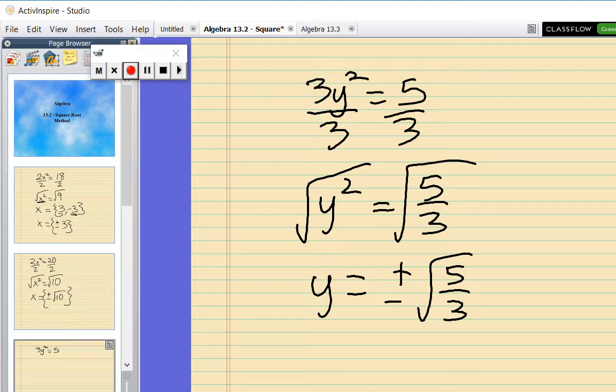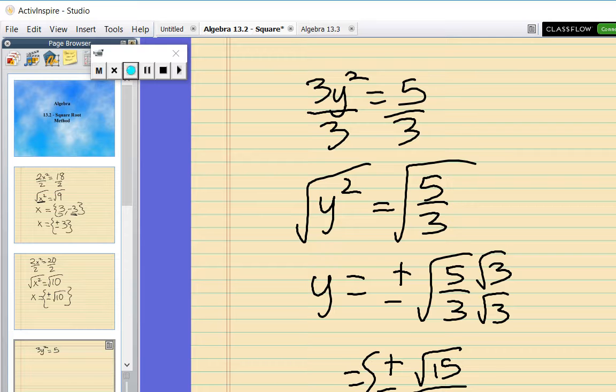Is that okay? Oh yeah, we can have radical in the denominator. So, it's correct. We just have to multiply top and bottom by radical 3. That's your solution. Positive and negative radical 15 over 3.